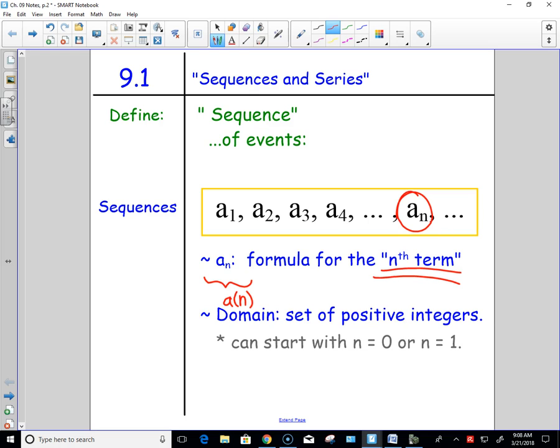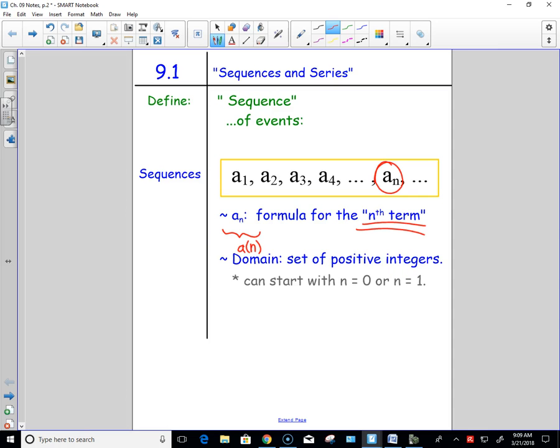Really quickly, the very bottom: the domain. Wait, domain, what does that normally stand for? Domain is x, right? The x values. Oh, but we don't have x's. But we do have n's. N's are allowed. Why would it make sense that n's can only be positive integers?